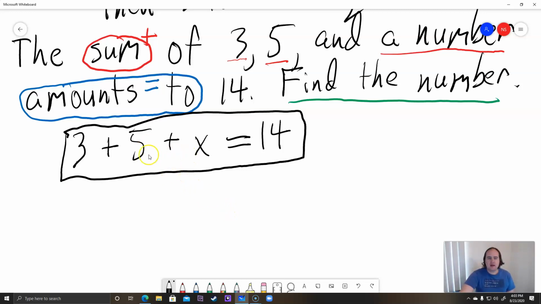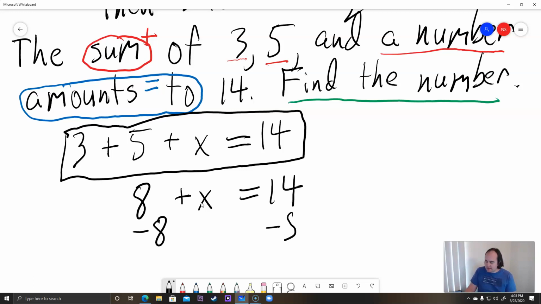But that shouldn't be too bad here. On the left side, we can combine like terms. So we have 3 plus 5 is 8. So we have 8 plus x equals 14. Okay, and then to isolate x, we have to get rid of the positive 8. So we subtract 8 from both sides.